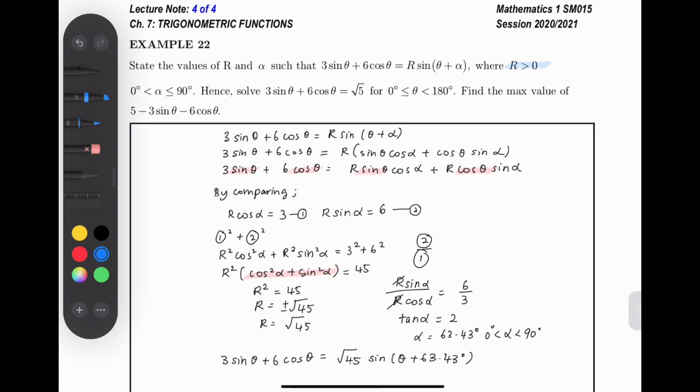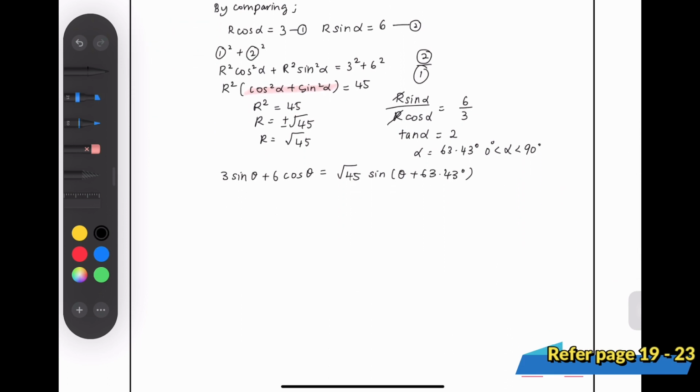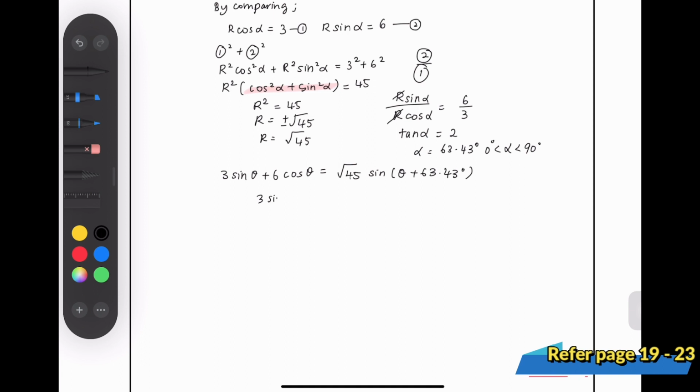The second part of the question asks you to solve 3 sine theta plus 6 cos theta equals 3.5. So 3 sine theta plus 6 cos theta equals 3.5. As from previous, we proved that 3 sine theta plus 6 cos theta equals root 45 sine(theta plus 63.43).